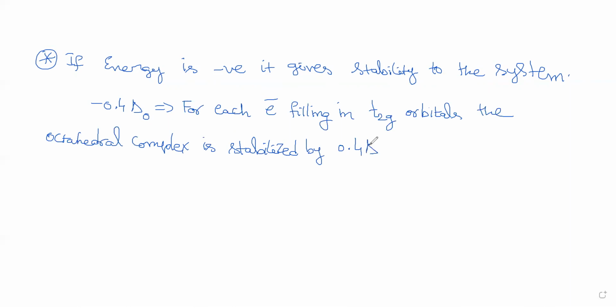That's what it means. So the more the electrons fill, suppose 2 electrons are filled in the T2G orbitals, the system is stabilized by 0.8 delta naught.